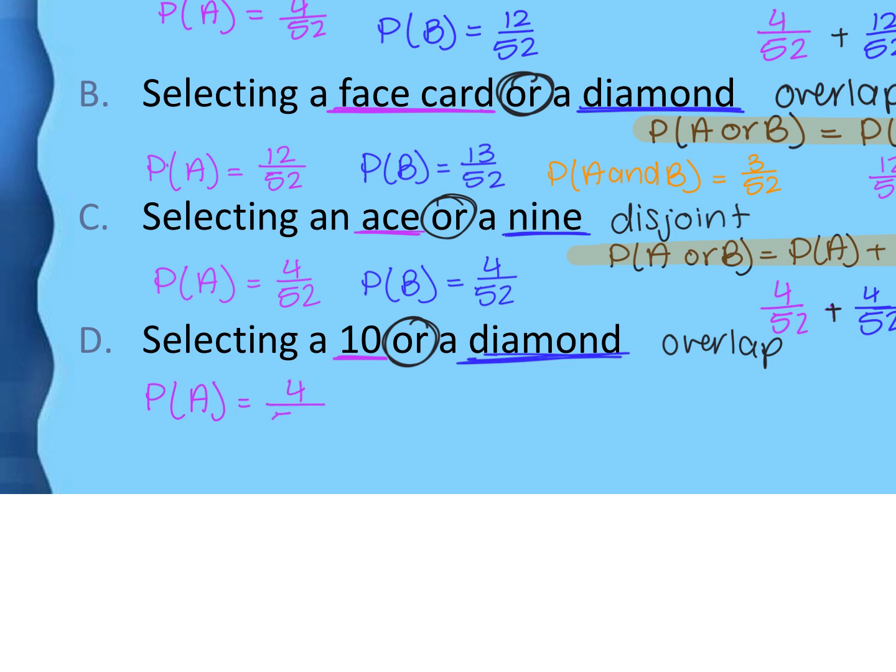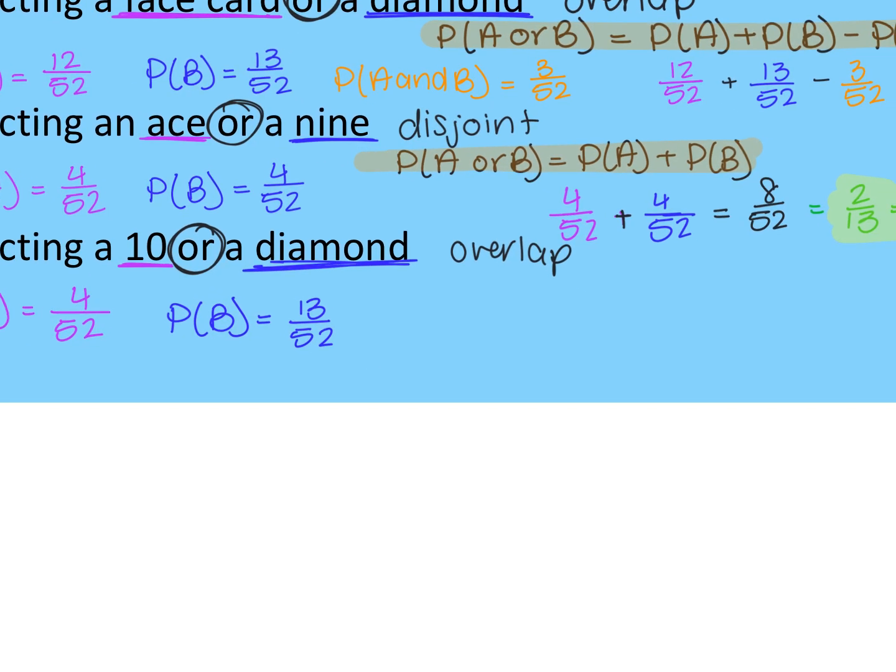I'm going to get 4 out of 52. What about probability B, which are my diamonds? How many diamonds do I have? 13 out of 52. And then because it's overlap, what do they both have in common? A and B. It's going to be 1 out of 52.